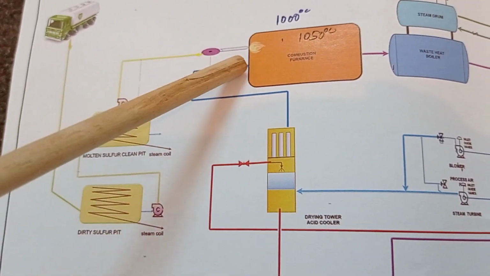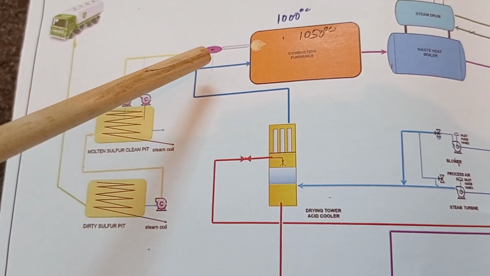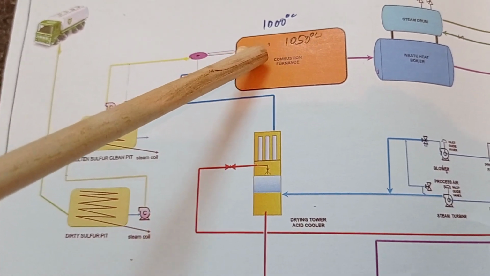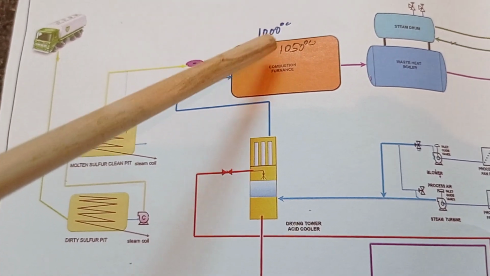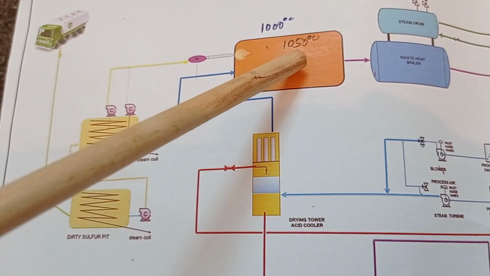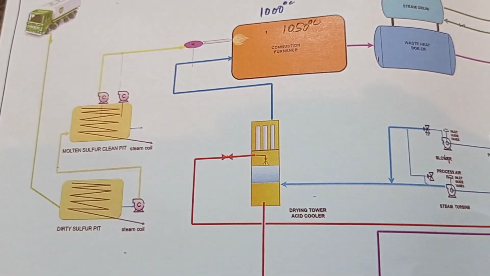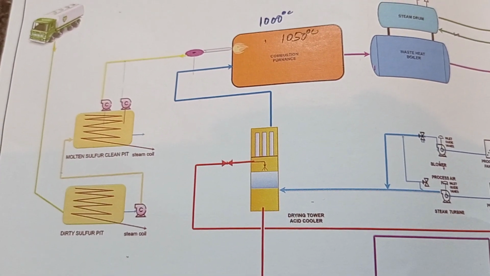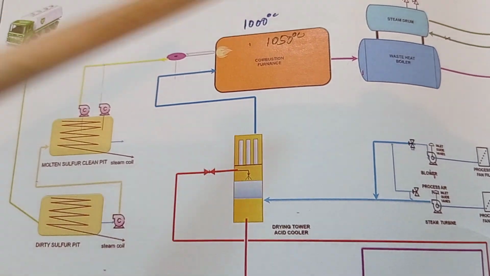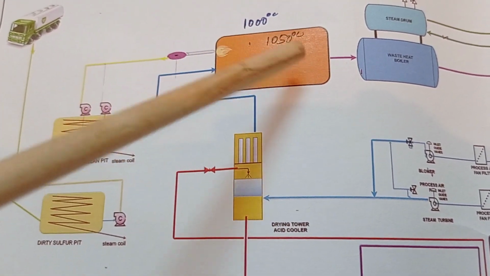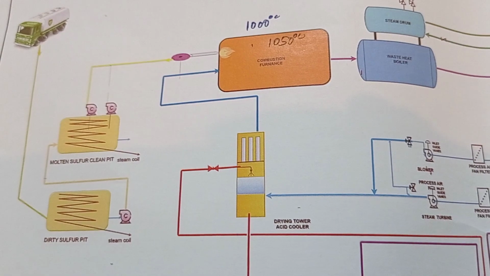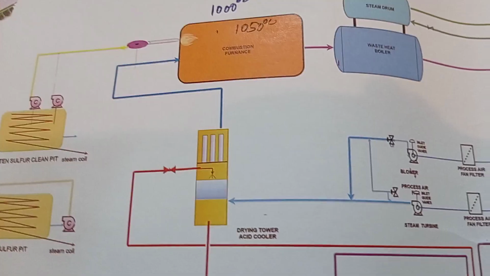After that, at 135 degrees temperature, the sulfur goes to the furnace. We maintain the furnace temperature around 1000 to 1050 degrees. This is the good and favorable condition. We have to maintain the temperature around 1000 to 1050 degrees so that sulfur sublimation should not take place.